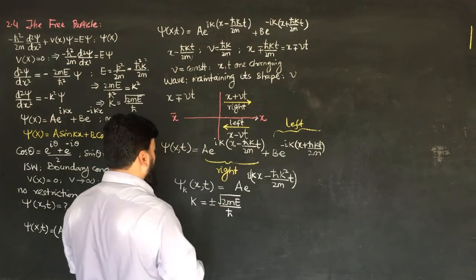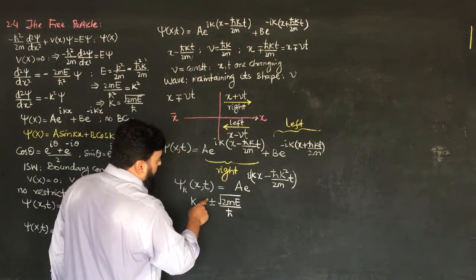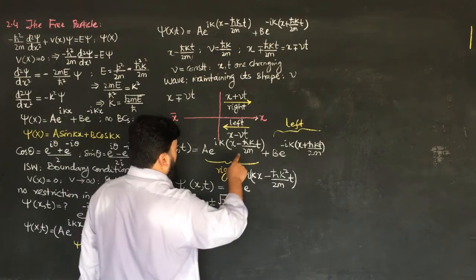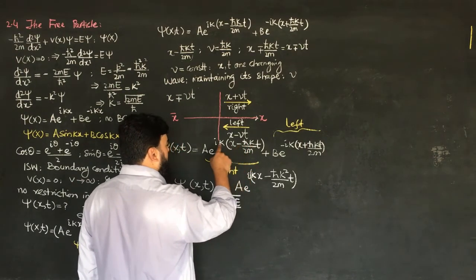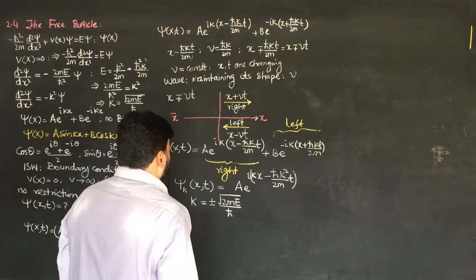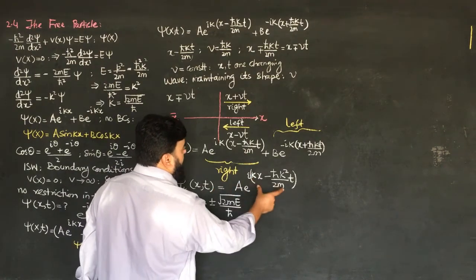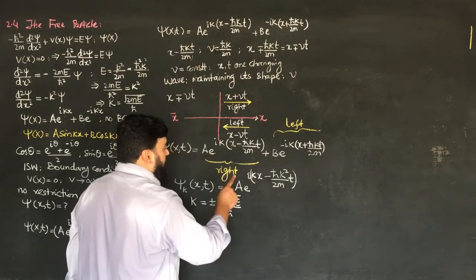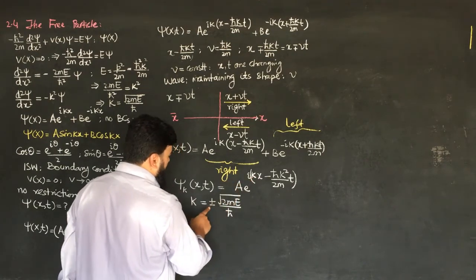Now it is the same expression. Now when k is plus, then here we will have minus, and this will be A e^(ik). So instead of writing them in two terms, I have included the negative sign inside k.